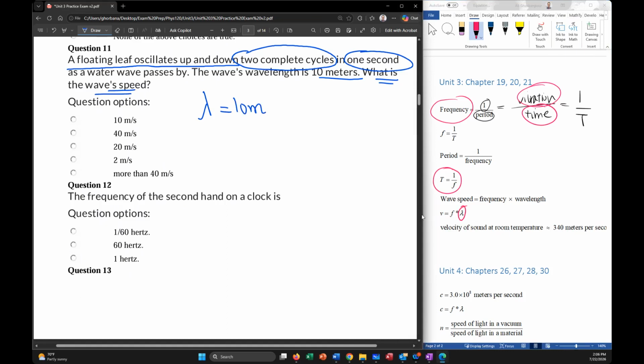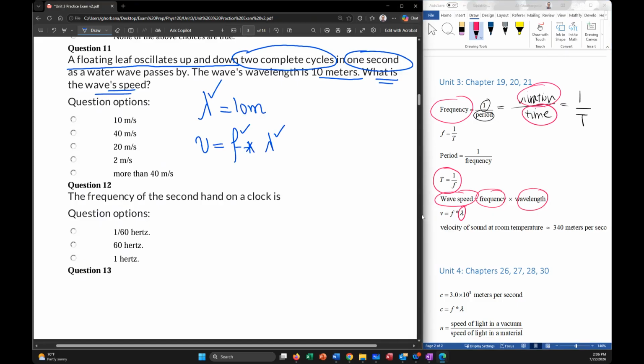Go back to the formula sheet, you see that wave speed is equal to frequency multiplied by wavelengths. So I just write V equals frequency multiplied by lambda. I need lambda, I need frequency to calculate the velocity.